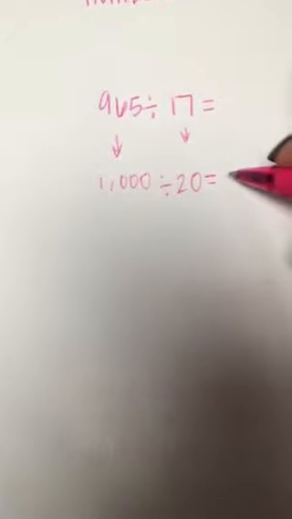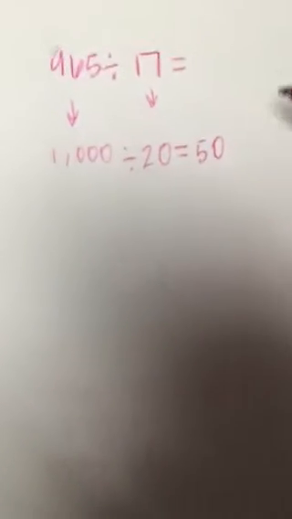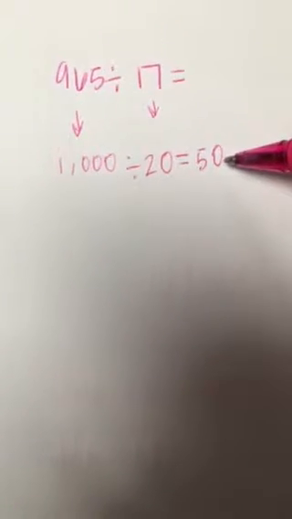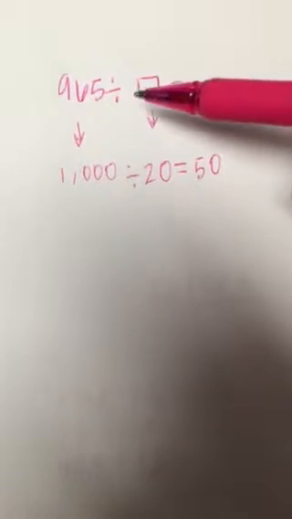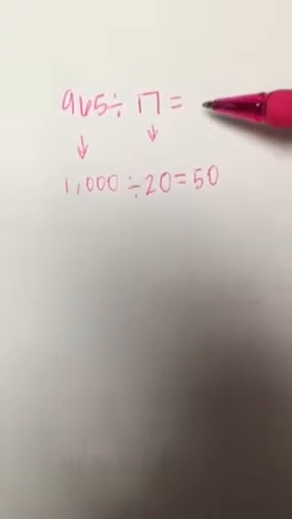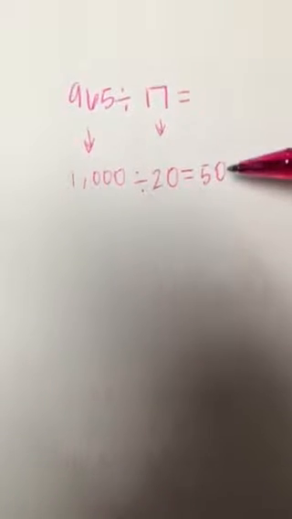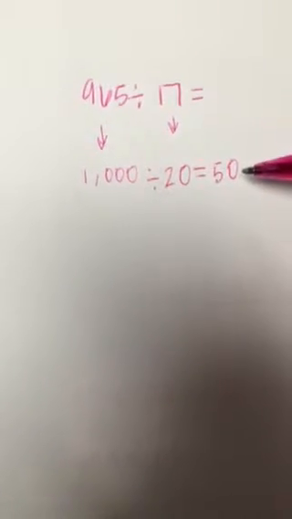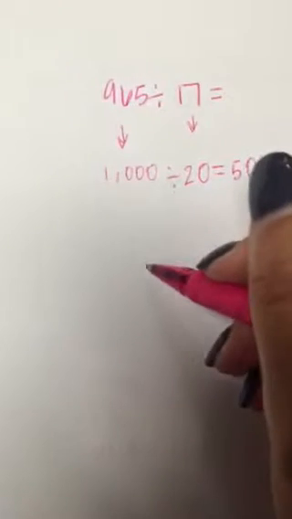If I do 1,000 divided by 20, I get 50. 50 is my estimate. So I know when I'm finished dividing 965 divided by 17, my quotient or answer should be somewhere near 50. Let's go ahead and try this out.